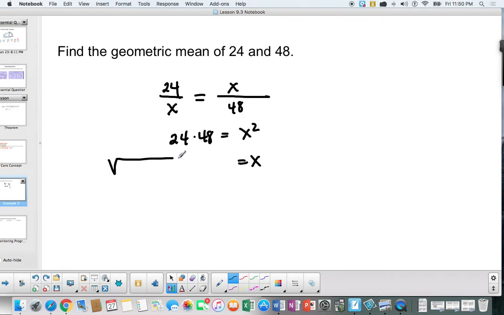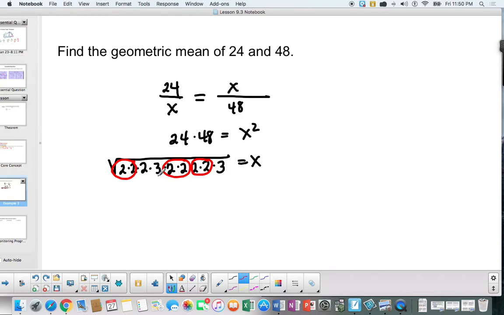When I take the square root of both sides, I'm going to rewrite 24. 24 I know is 8 times 3. I'm going to write 8 as 2 times 2 times 2 times 3. I know that 48 is 16 times 3, so I'm going to write 2 times 2 times 2 times 2, that's the 16, times the 3. Now to simplify a square root, remember that you take them out in pairs.